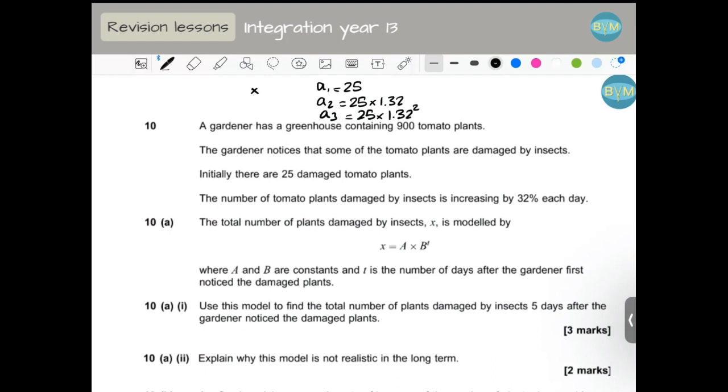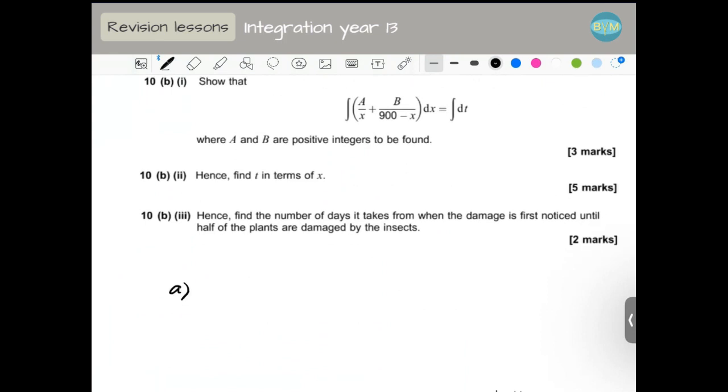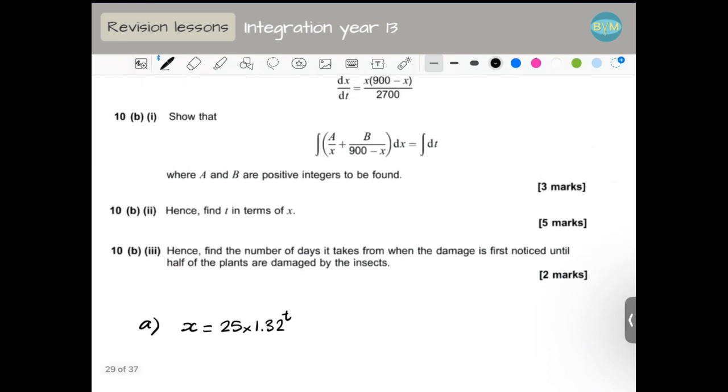Which means in general, I will have 25, my initial number of plants, and B is going to be my 1.32. So my model is, and this comes because it's a geometric sequence, X is going to be 25 times 1.32 to the power of T. T is the number of days that pass.